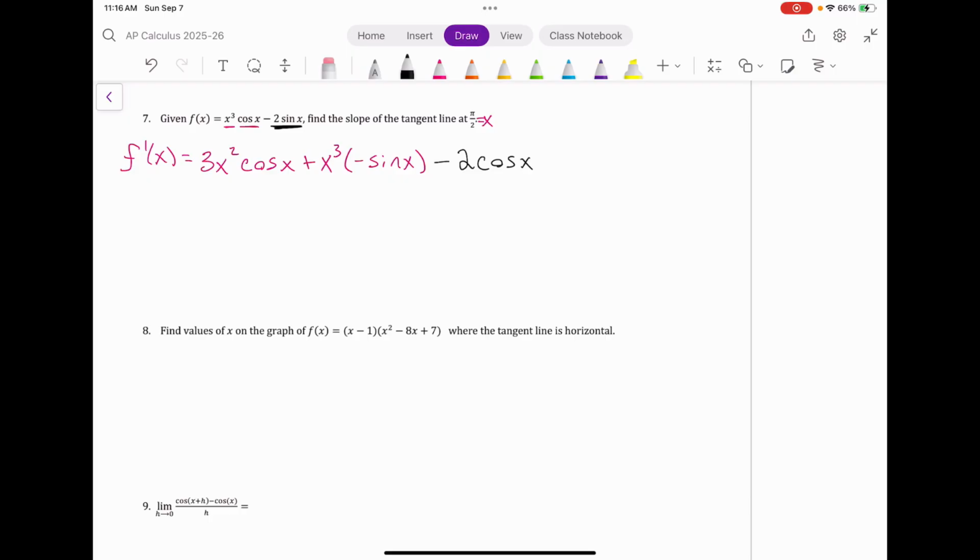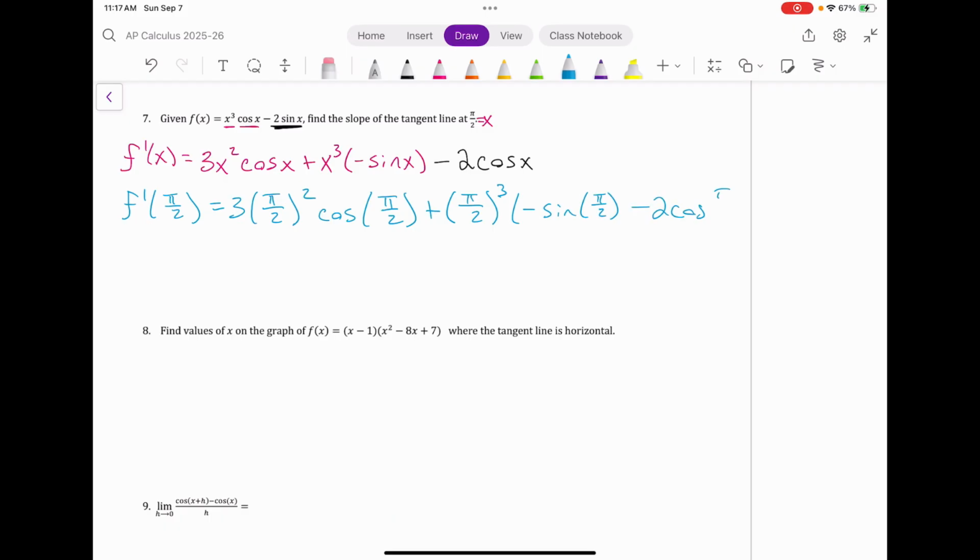Okay, so to find the slope of the tangent line, we need to plug in pi over 2. Okay, so we'll simplify this. 3 pi squared over 4 times 0, right?